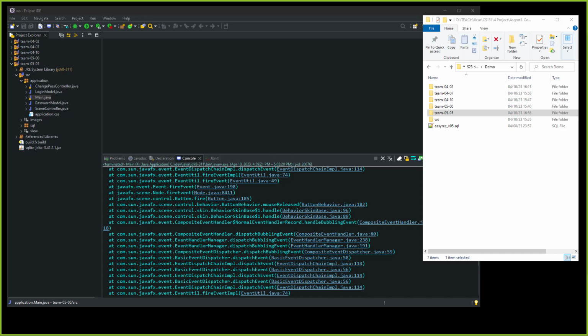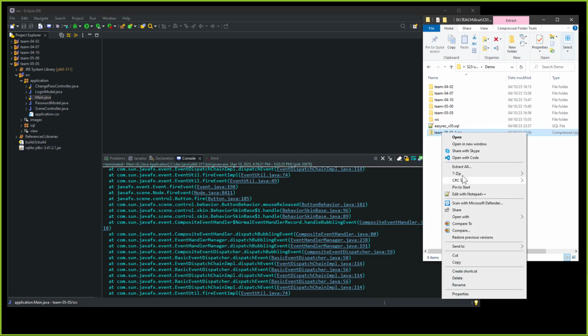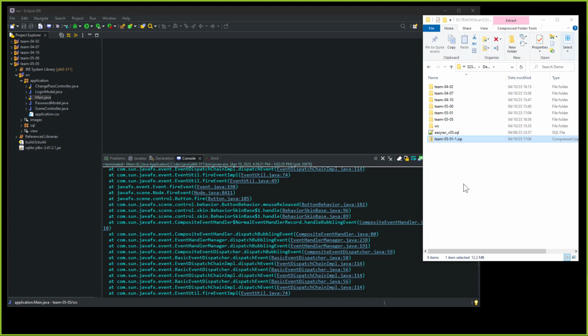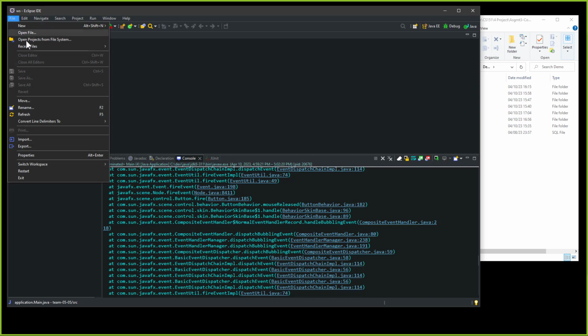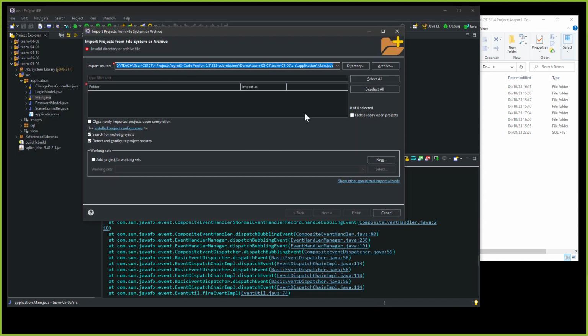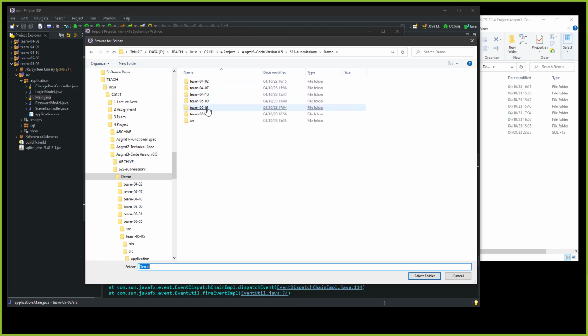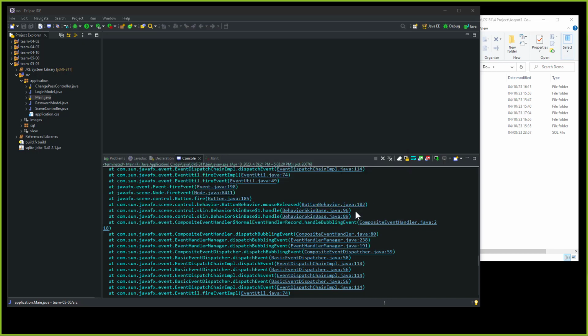This one was so quick. Unzip, extract here, and then we delete this one. We go here, open project, select the folder, finish.